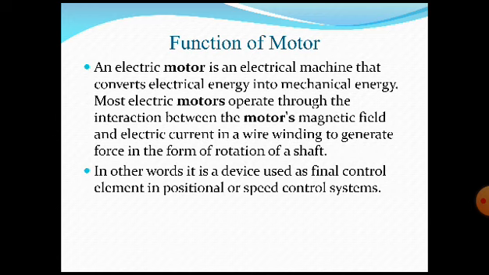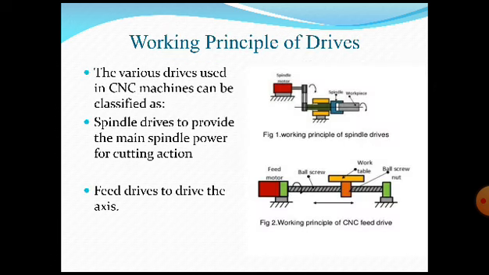That is why the accuracy of production in CNC machines basically depends on the selection of the drives, that is, the motors. Whatever accurate positioning is required for the table, or accurate rotation of the workpiece, totally depends upon the characteristics or the important features of the motors which are used in CNC machines.